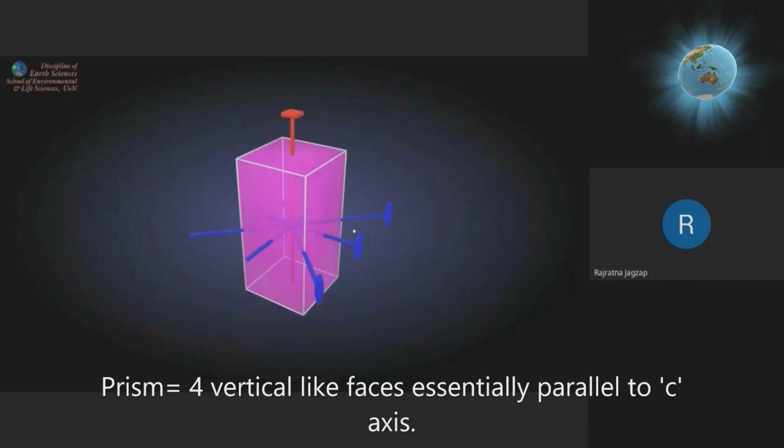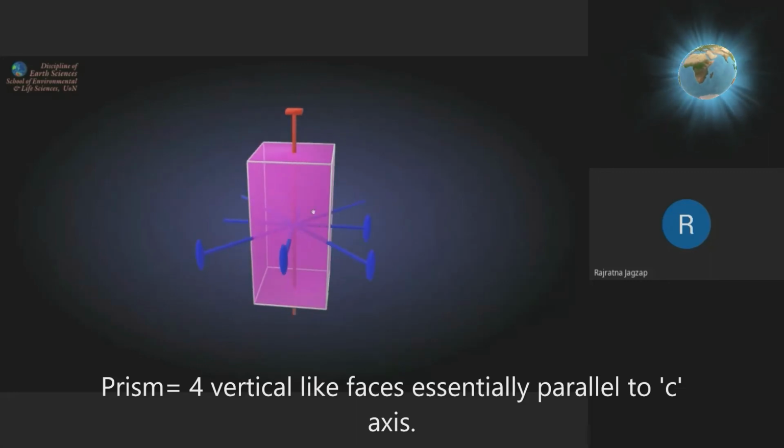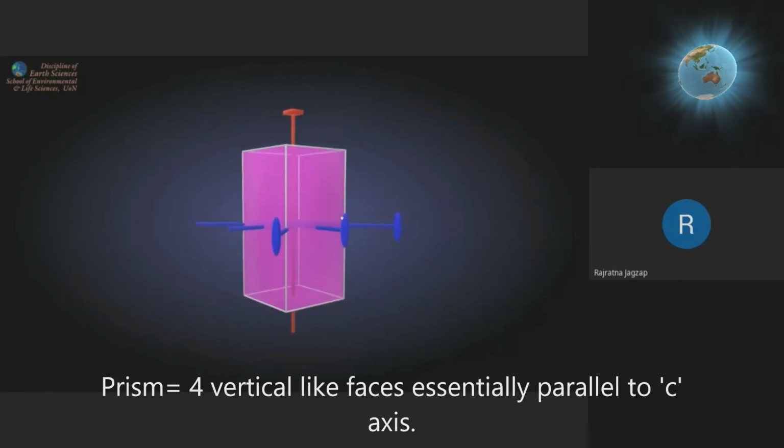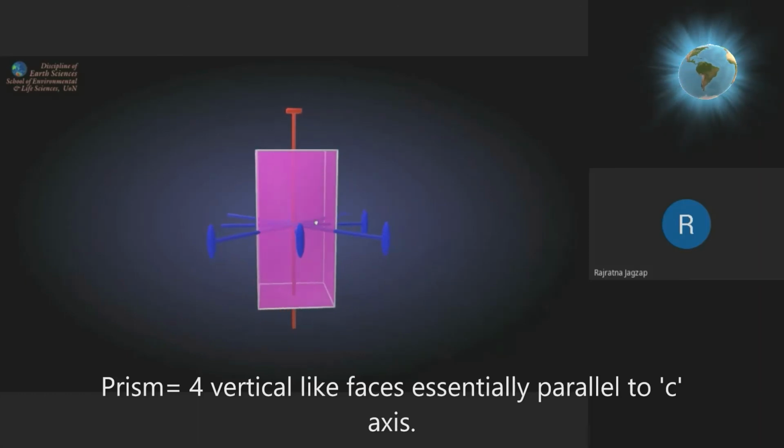These are 4 vertical faces. Front face, back face, right face, left face. These are 4 vertical faces which develops a new form called as prism.